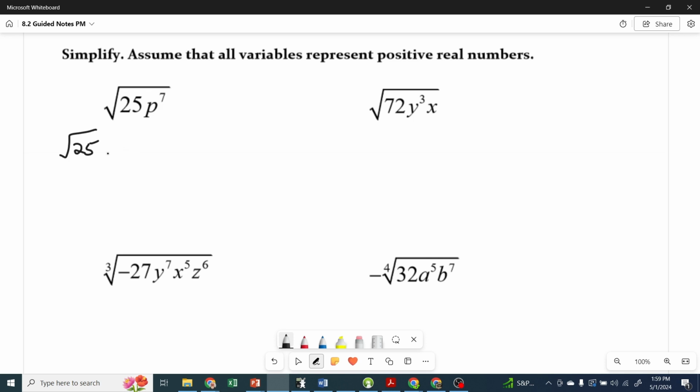So this is the square root of p to the 6th, and then the square root of p. So this will make sense in a moment. Square root of 25 is, oops, not 25, but 5. The square root of p to the 6th is p cubed, and this will be the square root of p.